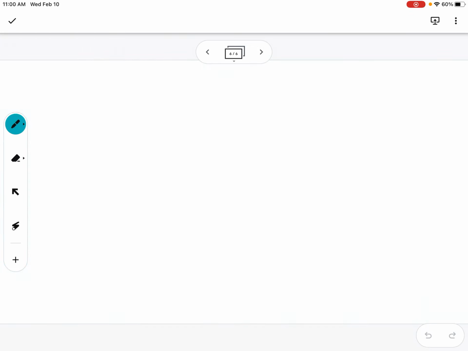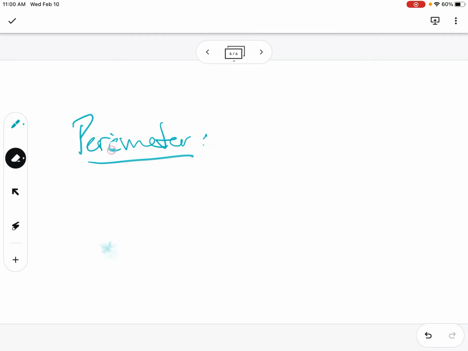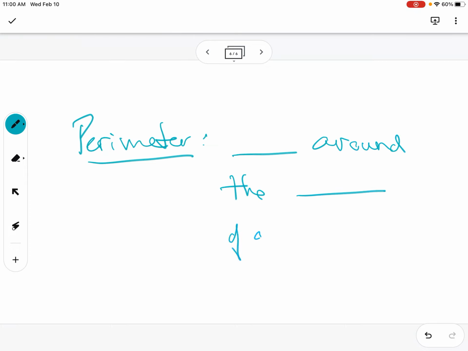The most important thing to remember is probably the most basic thing again. What is perimeter? I'm going to pause a minute and let you see if you can remember. What is perimeter? The key word is perimeter is a something around the something of a shape.